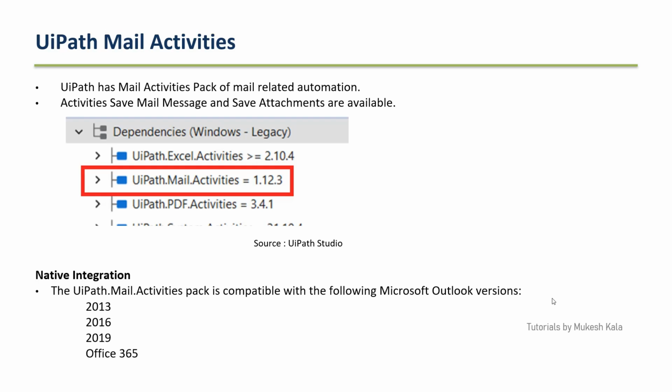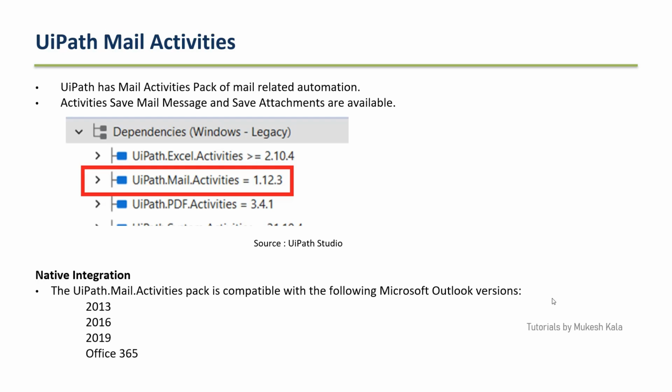One important point to remember here is that UiPath Mail Activities is compatible with Microsoft Outlook versions 2013, 16, 19 and Office 365 as well. Today, I am going to show how I can read email from an Office 365 Outlook account and download the attachment as well.